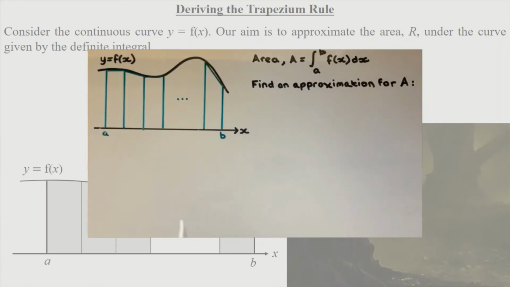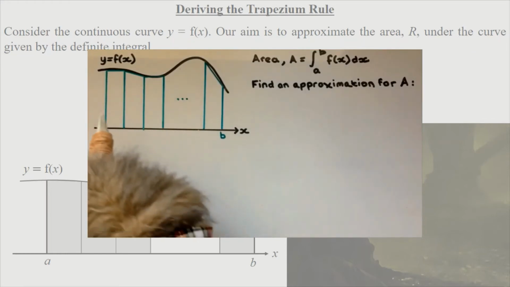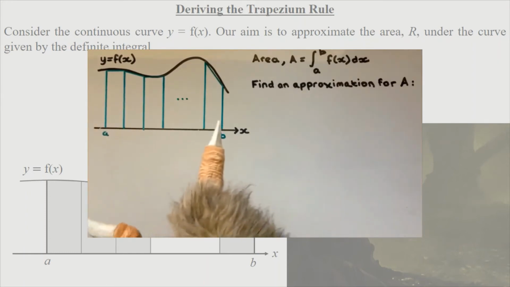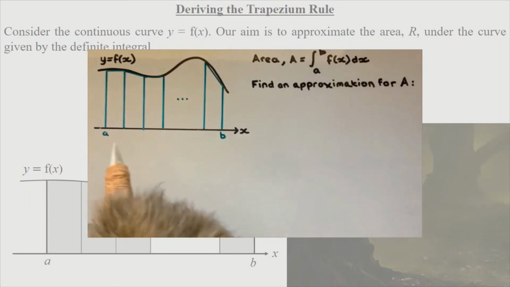What I've done first is I've divided up as best I can the area between a and b into trapezia of equal width. And you may look at this and say, well, why have you missed some out? It looks like it should be 6 trapezia. This is actually the hardest part of the derivation to get across.